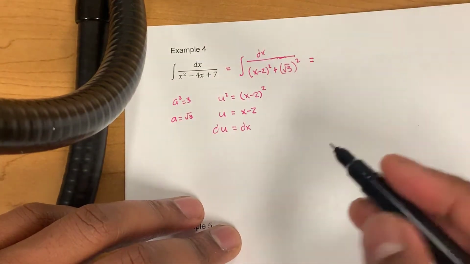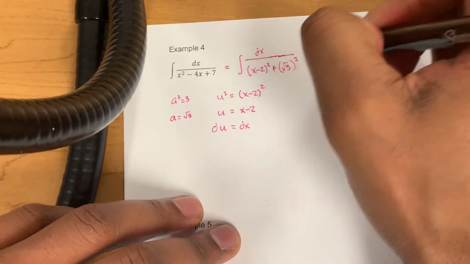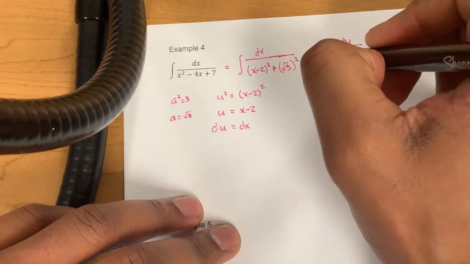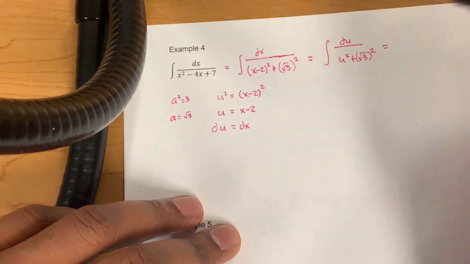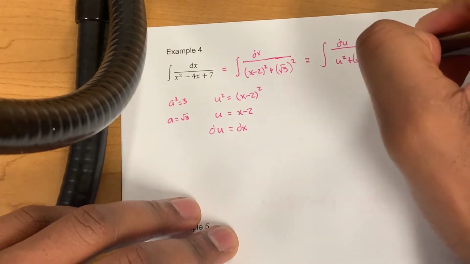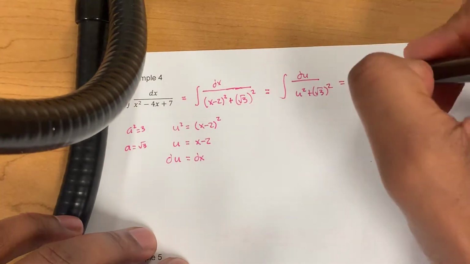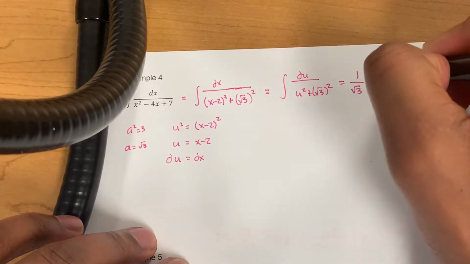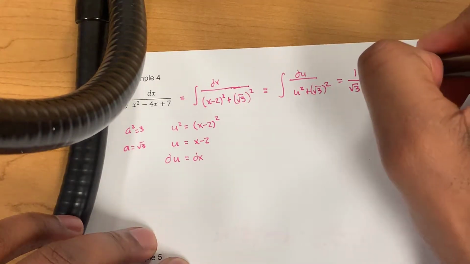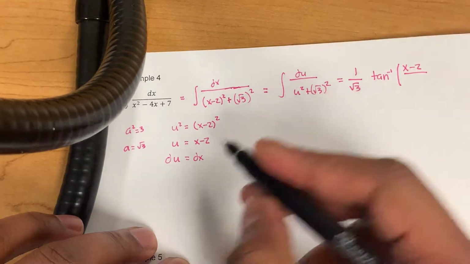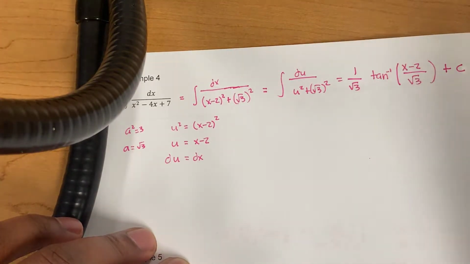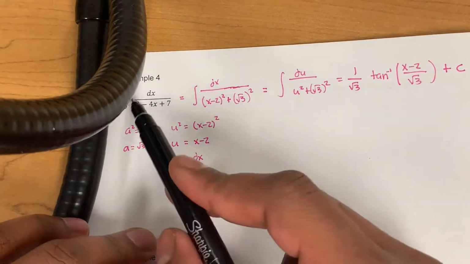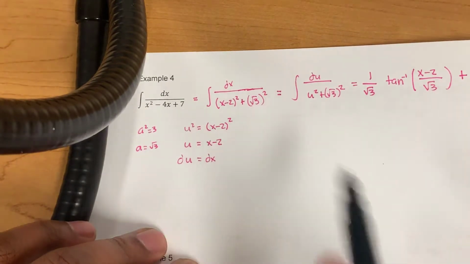So as a final answer, we can rewrite this to be du over u squared plus square root 3 squared, which equals, again, 1 over a times tangent inverse of u, which is x minus 2, over a, which is the square root of 3, plus c. So we went back to x's because we did not have a definite integral.